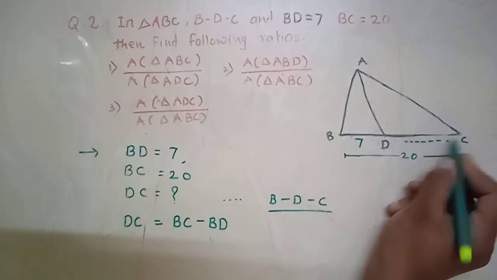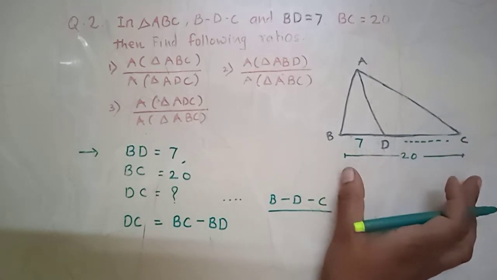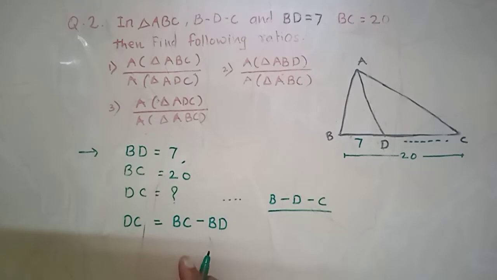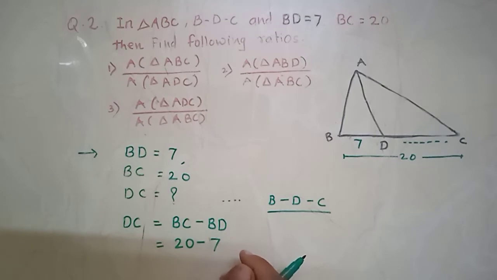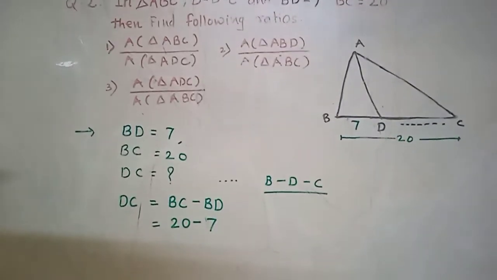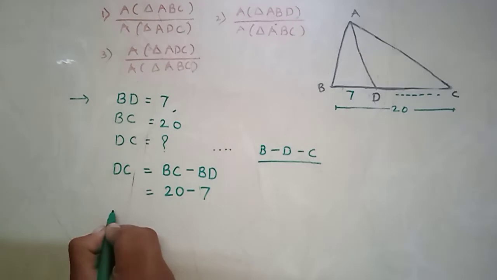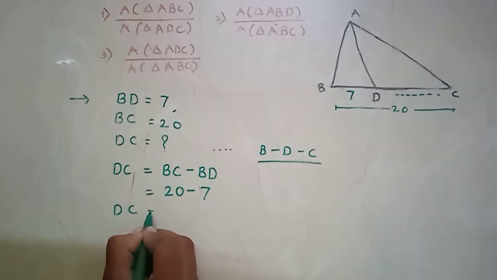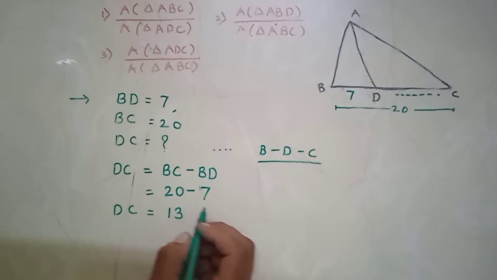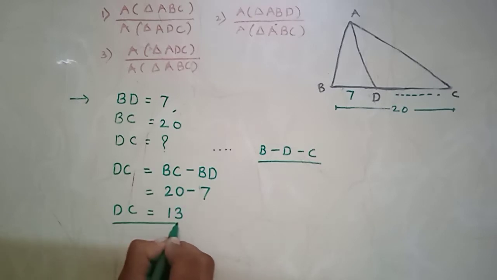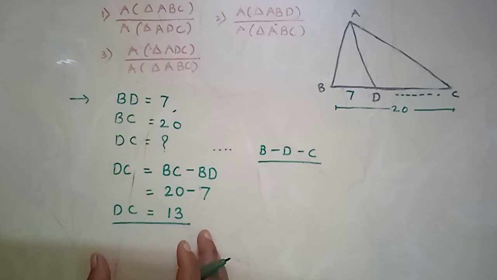BC minus BD करेंगे तो आपको DC की लेंथ मिलेगी. So put the value of BC as 20 minus the value of BD as 7, then find the answer. So DC is equal to 13. We get the length of DC.